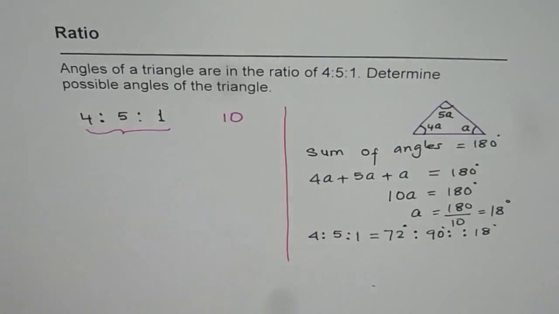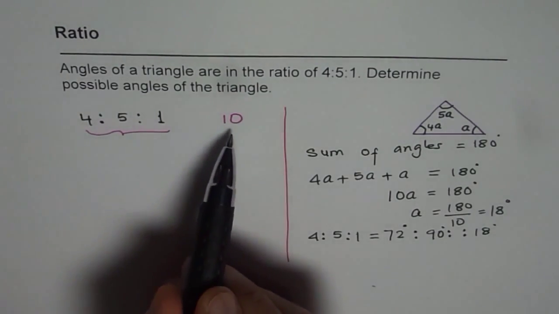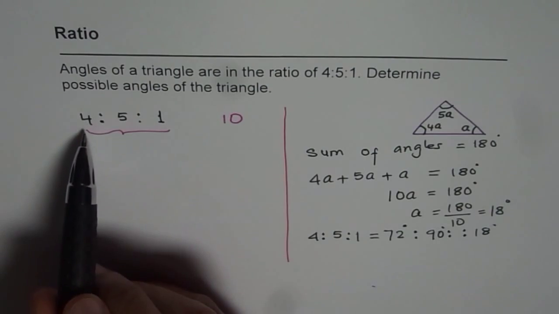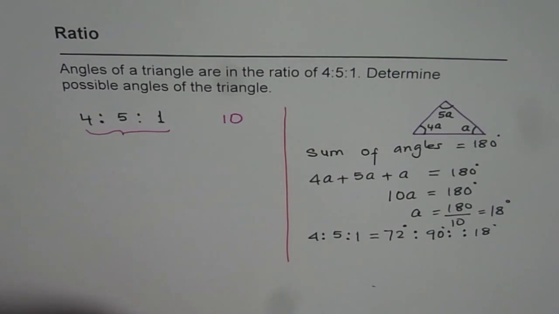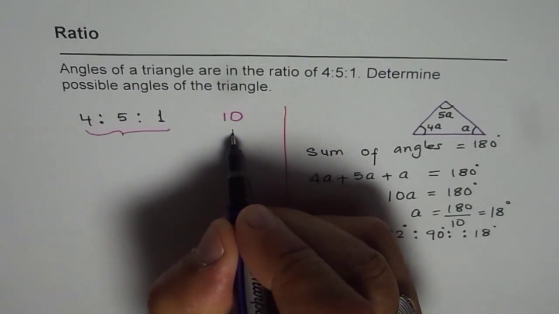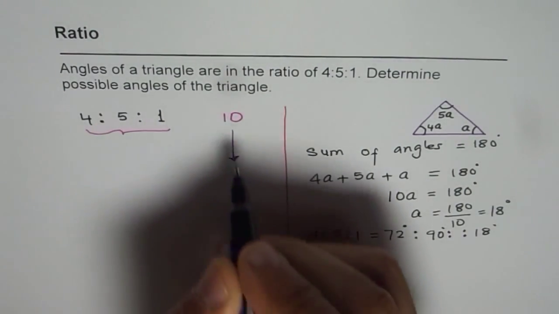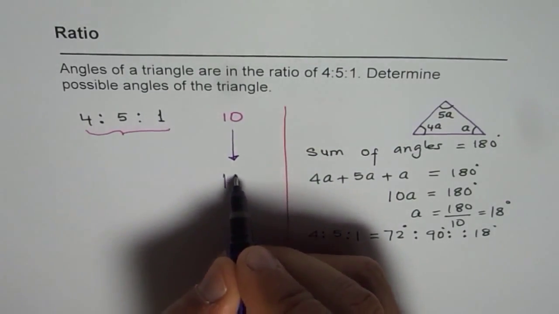We say that if the total amount is 10, then 4, 5, and 1 is the distribution. So that is how we solve ratios. But here in this case, we know total is not 10, but total is 180.